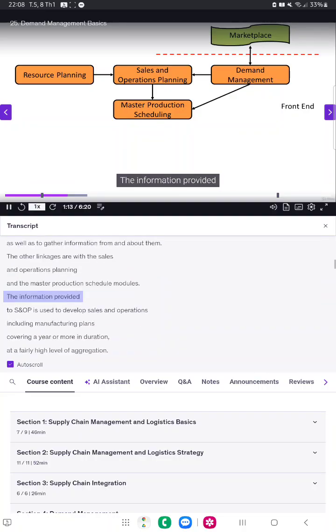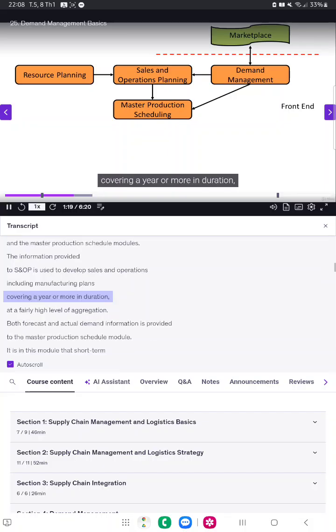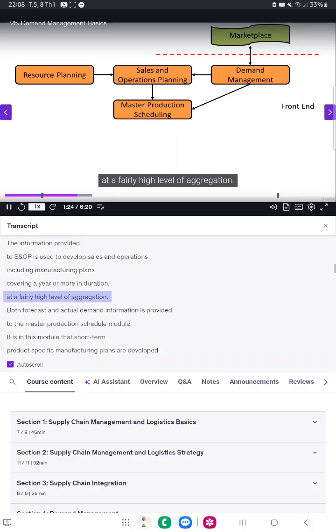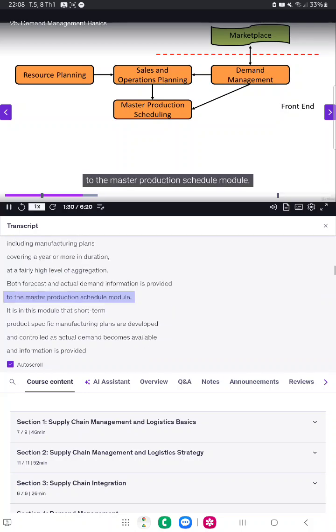The information provided to S&OP is used to develop sales and operations, including manufacturing plans, covering a year or more in duration at a fairly high level of aggregation. Both forecast and actual demand information is provided to the Master Production Schedule module.